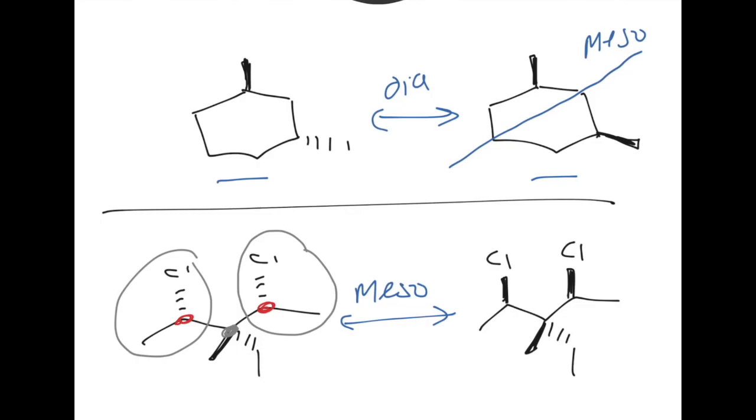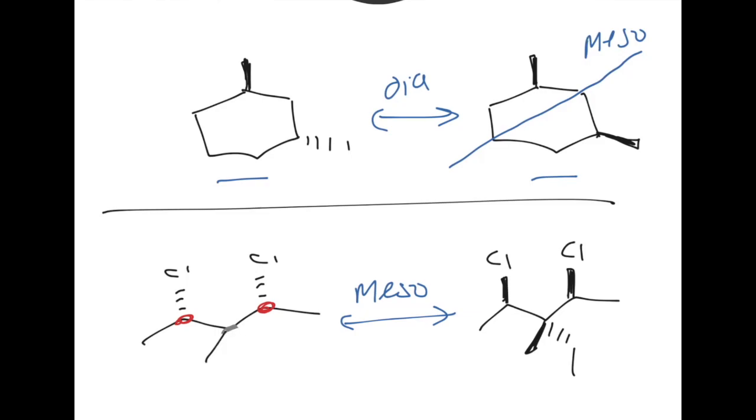So you could just look at that as being, if I just had this as, right, since that carbon's not chiral, the wedges and dashes don't mean anything. Right, so now if I drew it like that, they would be meso, right? Because you can just take this molecule here, flip it over, and you get exactly that molecule.